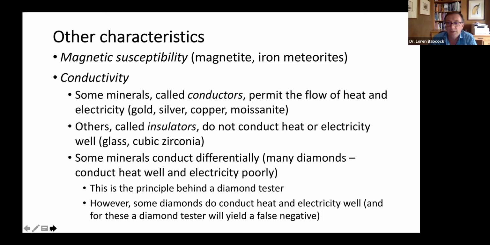These are commonly used as diamond testers because the principle is that most diamonds, or at least the more common kinds of diamonds, tend to conduct heat well, but electricity poorly. Whereas most of the simulants of diamonds don't conduct heat or electricity very well. There is one exception to that.